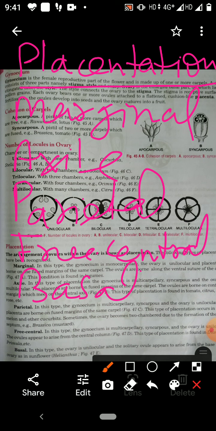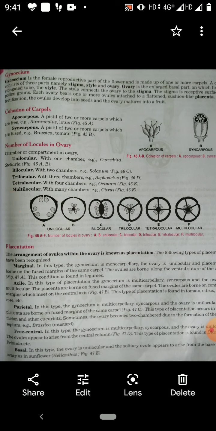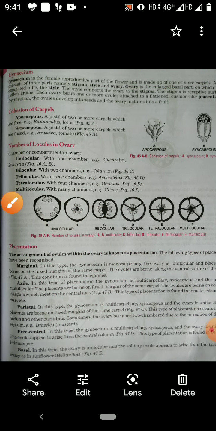And next is superficial. That is sixth. So these are the types of placentation. You have to study each type of placentation.